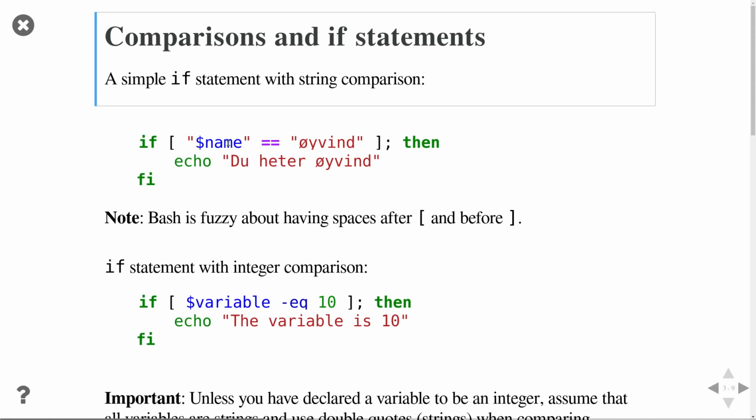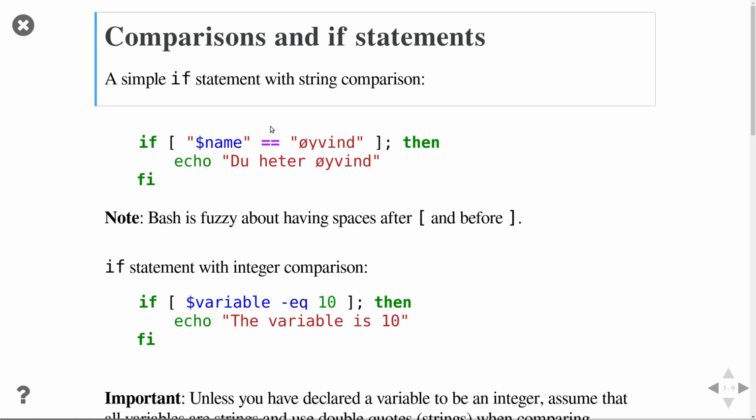But in case name is an integer, then these double quotes convert that integer into a string, and this string comparison will be successful. It's also useful if name is not set, because then it will just be an empty string. So if name is not even set, then this conversion will also succeed, and the if statement will not fail.